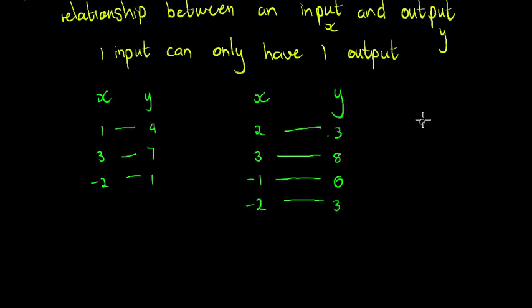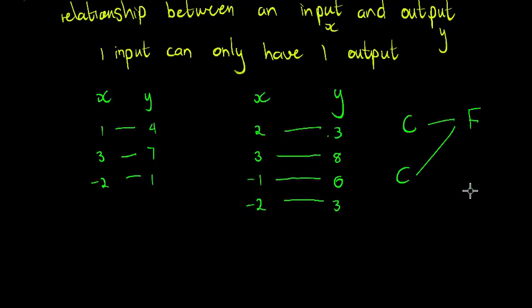Okay, so how I like to explain it is like children and their dads. Every child can only have one dad, but different children can have the same dad. Do you understand? A child can only have one father, but the same father can have more than one child.